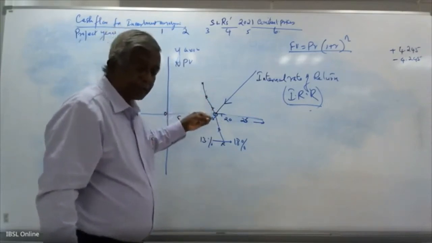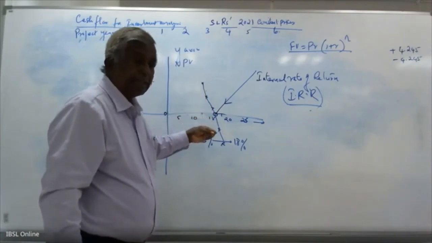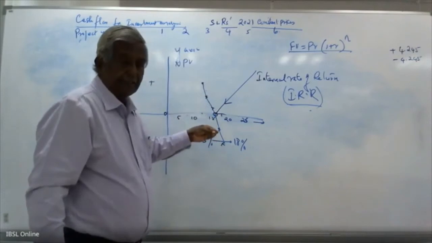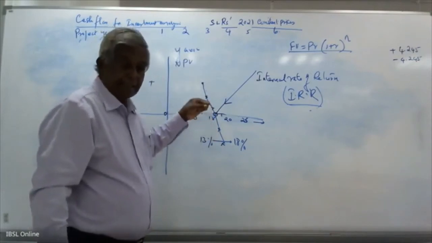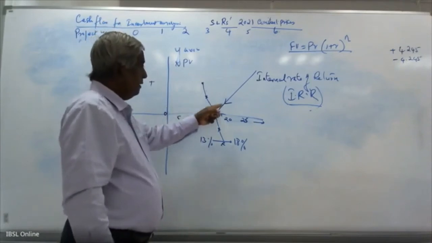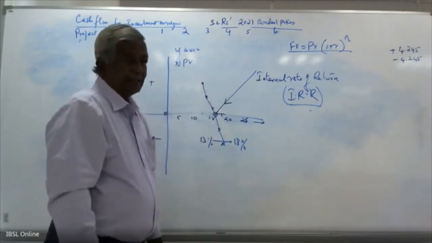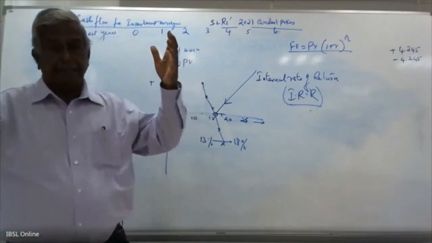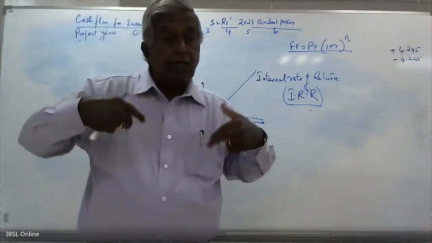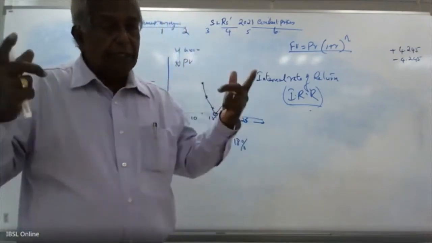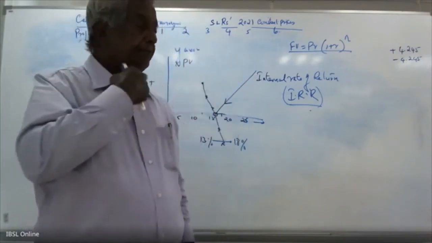If it is less than the internal rate of return, it is worthy. So we calculate IRR to see whether our borrowing interest rate is more or less than IRR. It should be less than IRR. Then only the project will be worthy.